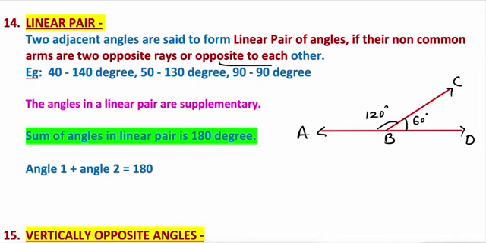As we know, BC is the common arm and B is the vertex, and the non-common arms are AB and BD. Here AB and BD are opposite to each other, so the angles formed are said to be a linear pair.